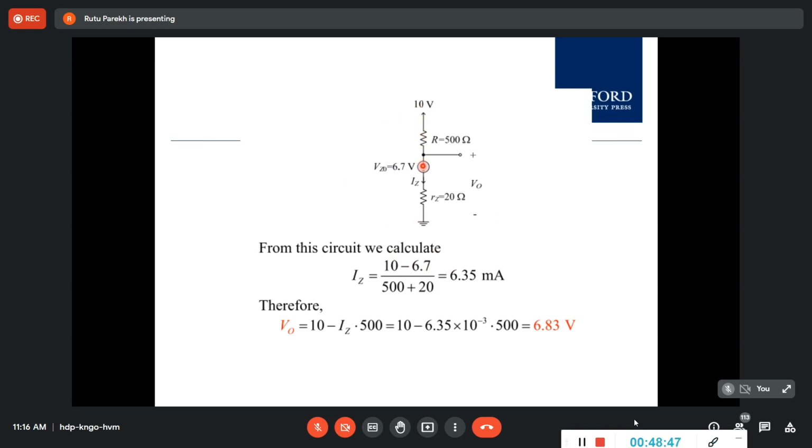This is I, it is going as IZ and as IL to the load, but now the load is not there. So everything is flowing through this loop only, and that is your IZ current. But with these conditions, what is your current? That is what you have to find out first to get that voltage.